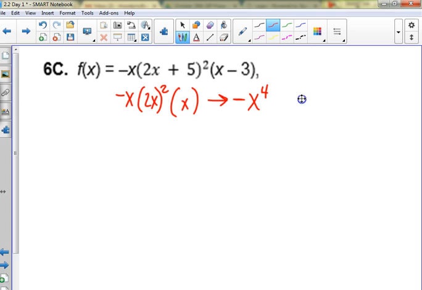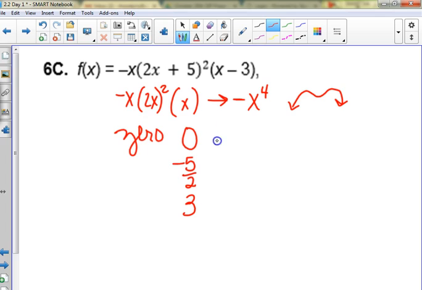All right, so what shape should that be? Draw a little sketch before we even start. It should be upside down something. There we go. All right, now tell me about the zeros. 0, -5/2, and 3. Everybody okay? Where those came from? This one is multiplicity 1, this one is multiplicity 2, and this one is multiplicity 1.